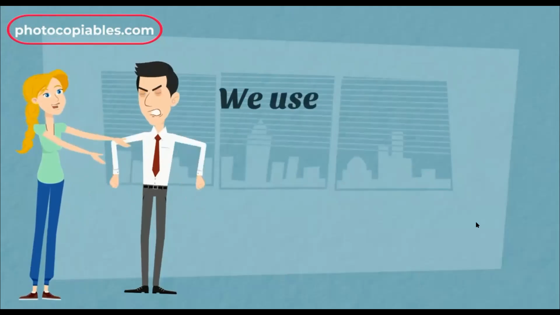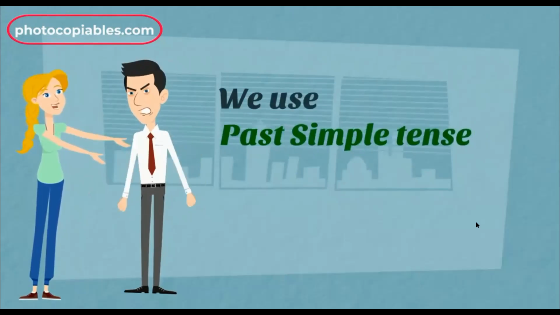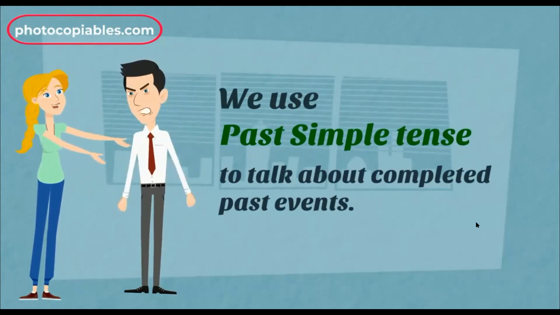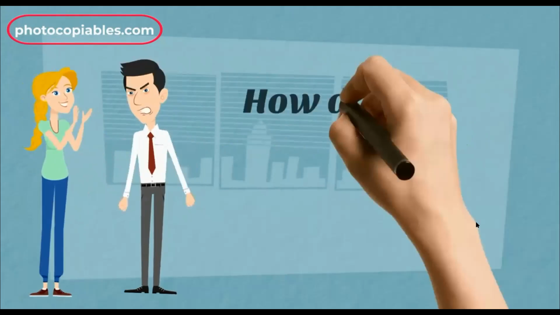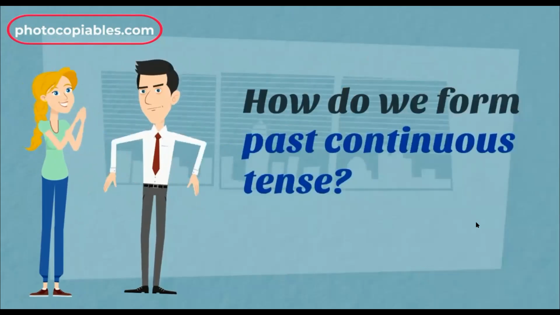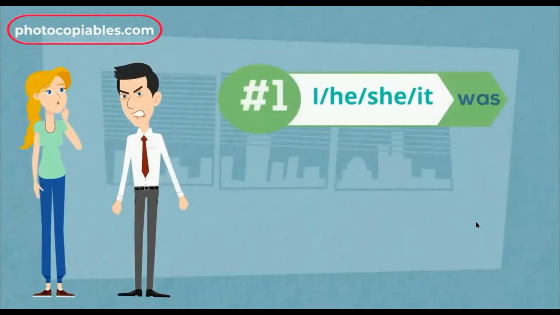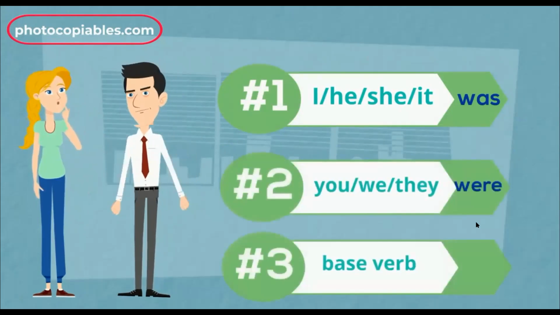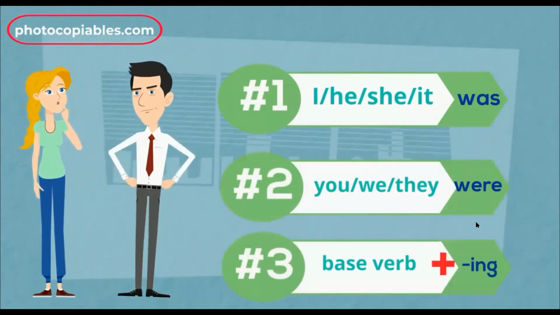We use past simple tense to talk about completed past events. How do we form past continuous tense? There are 3 rules. We use was or were and the verb takes the -ing form all the time. Was goes with I, he, she, it, and were goes with you, we and they.